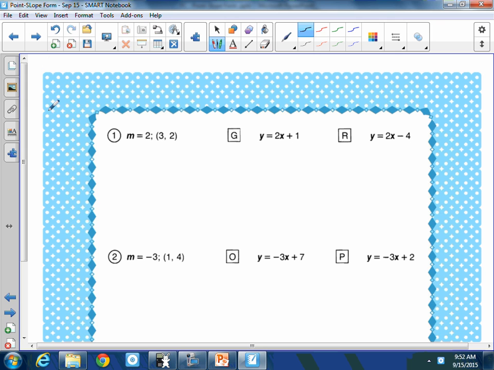They're two-step equations. It's really not that hard to do. So I'm going to go ahead and write the equation at the top so that I don't have to write it more than once. So the equation would be y minus y1 equals m times x minus x1. For example, they can give you a slope and a point, and they can ask you what is the equation of that line.